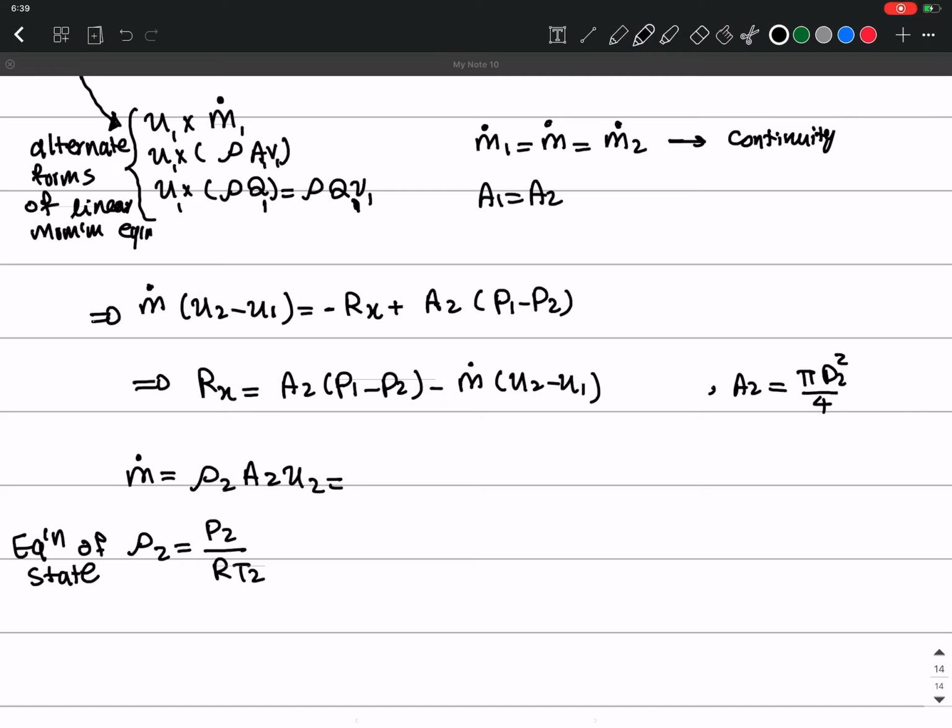So I just write it down here instead. P2 over R T2 times A2, which is pi D2 square over 4, times U2. Okay.